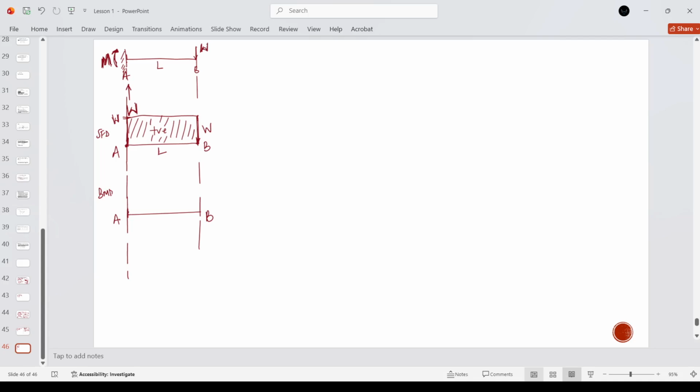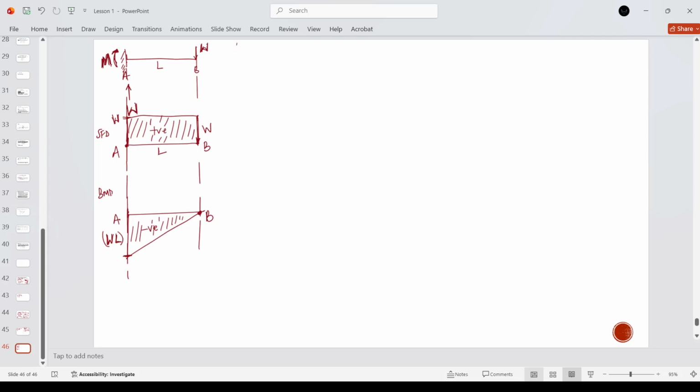So we will have WL, and then it's going to vary linearly up to that point. So at the overhanging end, we will have no moment. So anytime you are given a cantilever beam that has a point load, then you know how to calculate the maximum moment. It is given by WL.